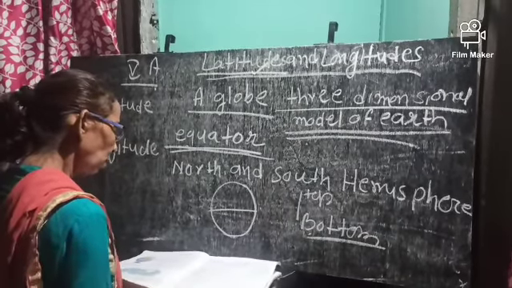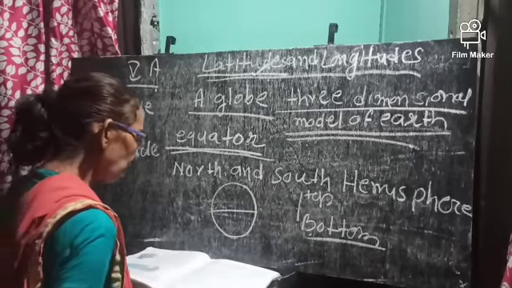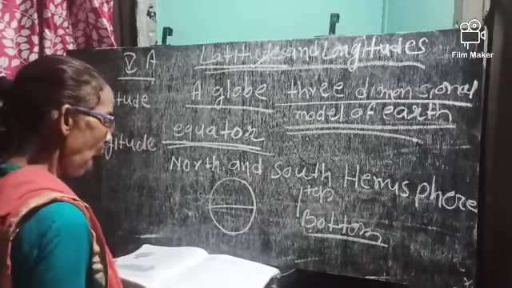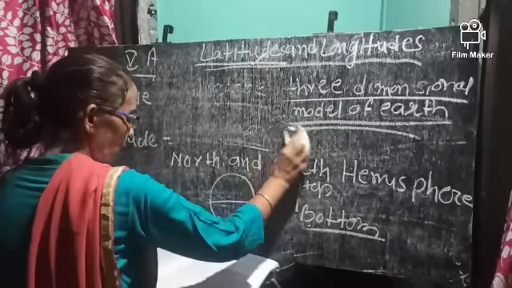Now we see, besides the equator, there are four other important latitudes.